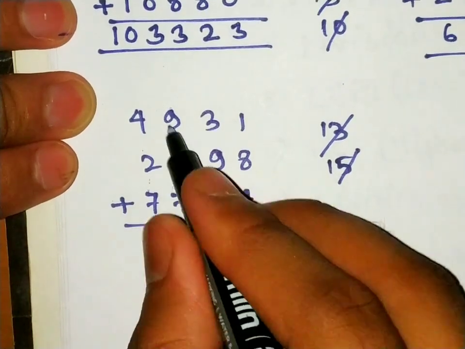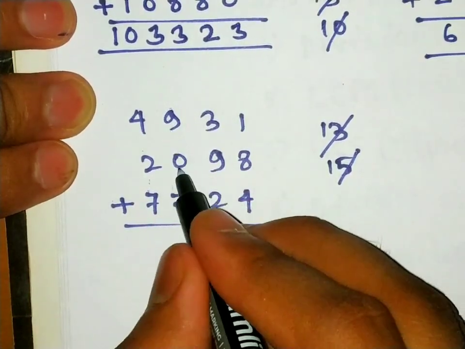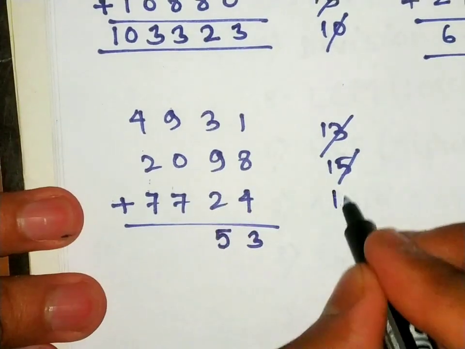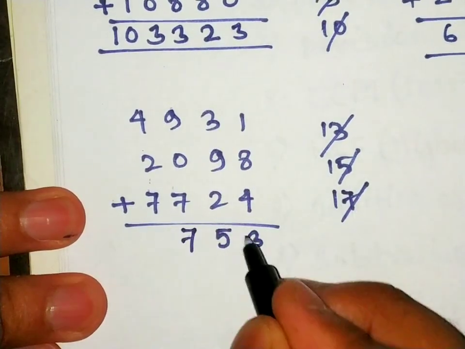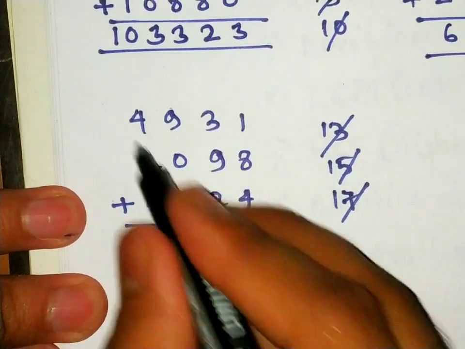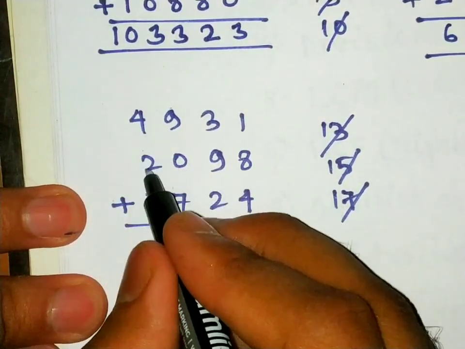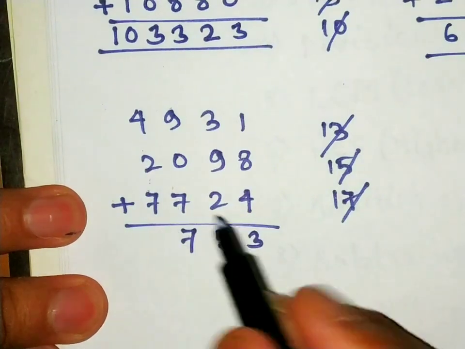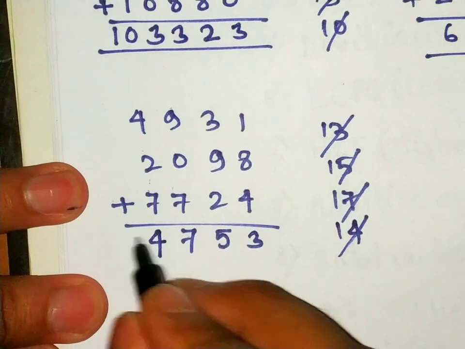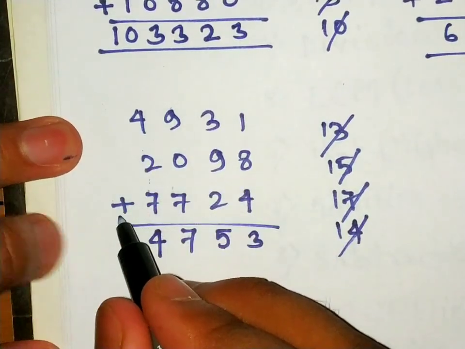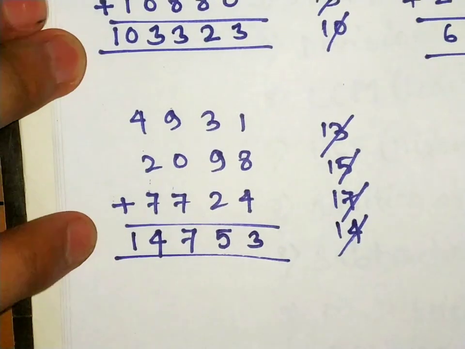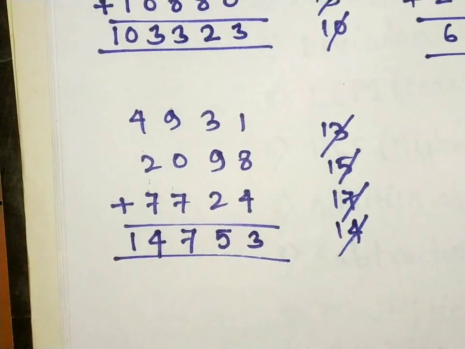Left carry 1. 9 plus 1 carry is 10. 10 plus 0 will be 10. 10 plus 7 will be 17. Here write down 7, with 1 carry left. 4 plus 2, 4 plus 1 carry is 5, plus 2 is 7. 7 and 7 will be 14. 14 here, write down 4. Left 1 carry. Is there anything we have to add? No. So at the end put the left carry here. Okay, that is easy.